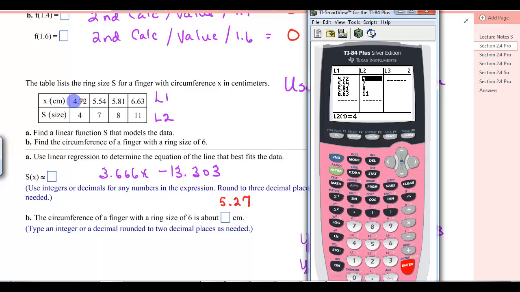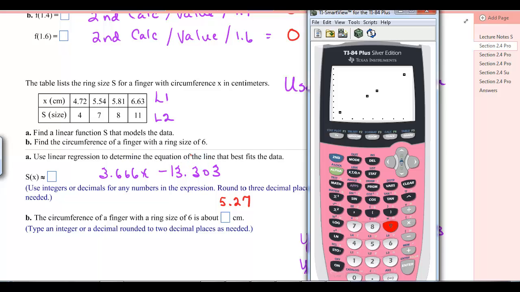We're going to put our x values, that's going to be our L1, and our y values will be in L2. So you will put those in there. Then after you got them in and you know what you're supposed to have, you do a zoom 9. You should get this picture here.